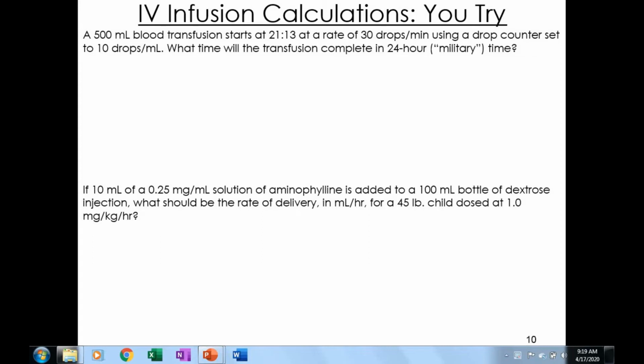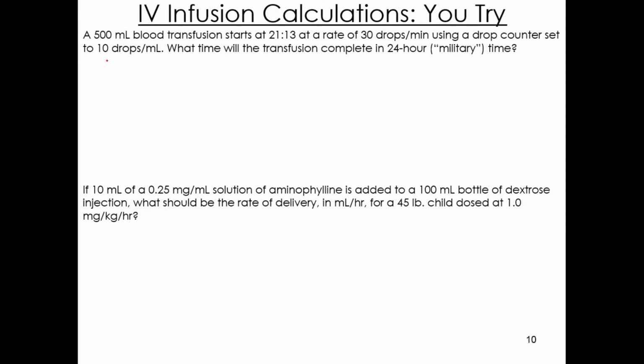A 500 ml blood transfusion starts at 21:13 at a rate of 30 drops per minute using a drop counter setting of 10 drops per mil. What time will the transfusion complete in 24-hour or military time? So let's write out what we've got. We have 500 mils total volume.